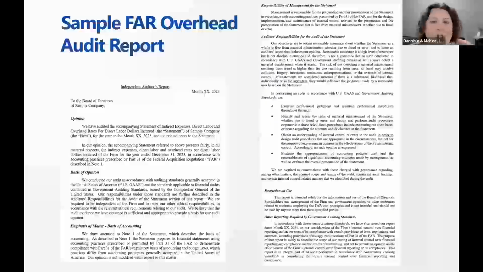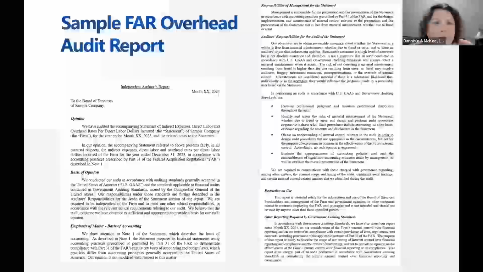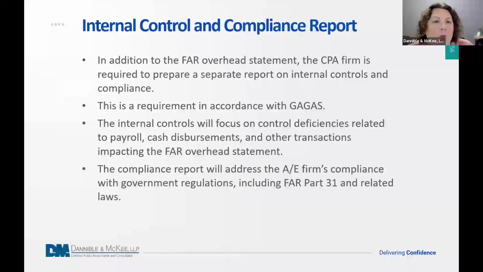And again, what are we trying to achieve? This is a sample FAR audit report that we're going to issue. We're also going to issue an internal control and compliance report. This is really important. If you're going into a FAR audit and you're not properly segregating your costs between direct and indirect, that's going to be a weakness that we're going to have to report in your compliance report.